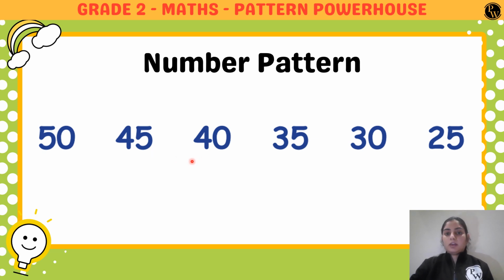In the same way, if you subtract 35 from 40, again the difference is 5. So we can observe here that the numbers are being reduced by the count of 5. So it is forming a reducing pattern by subtracting the number 5 here, right?